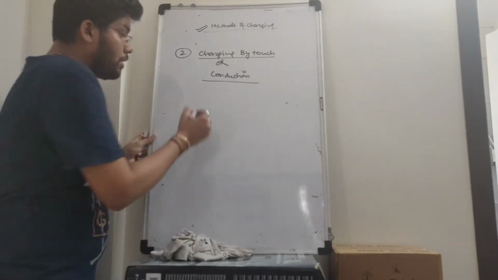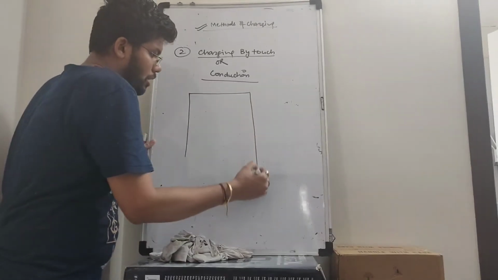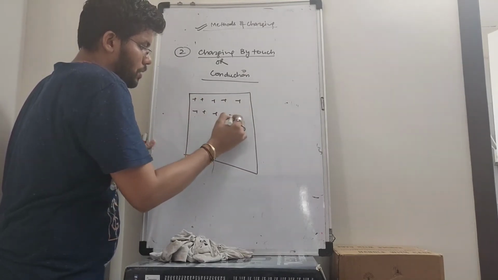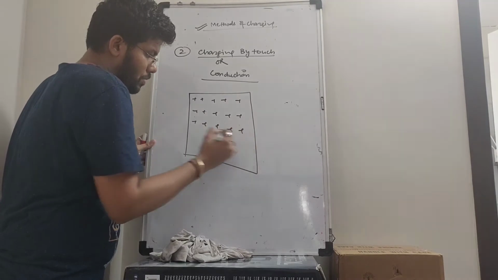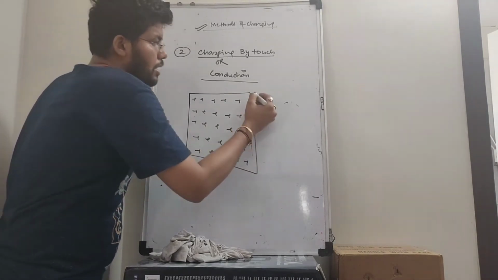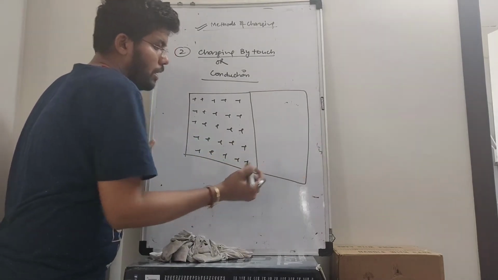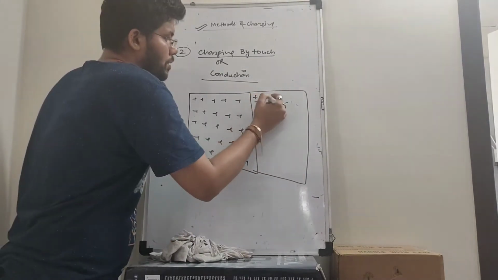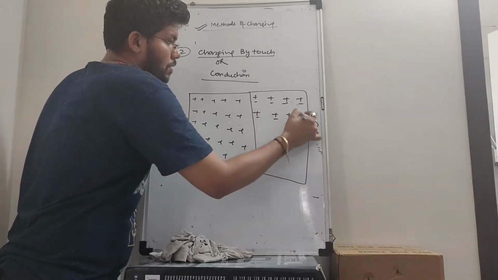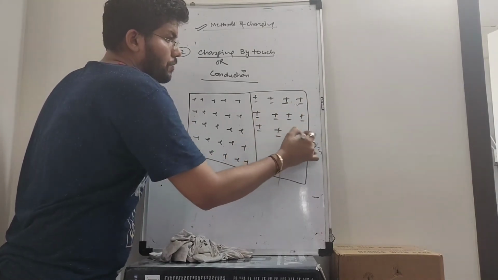In this method, first we take a positively charged metal plate, and that positively charged metal plate is placed nearby to the uncharged metal plate. And when the plate is uncharged, then what will happen?